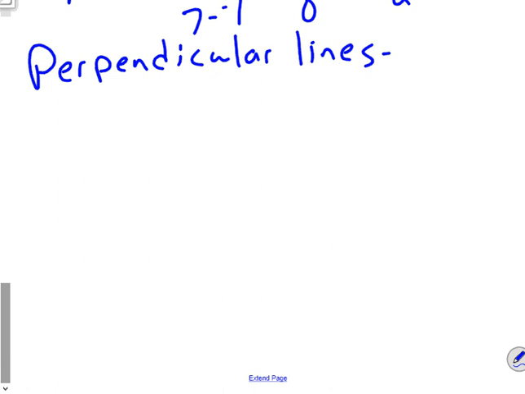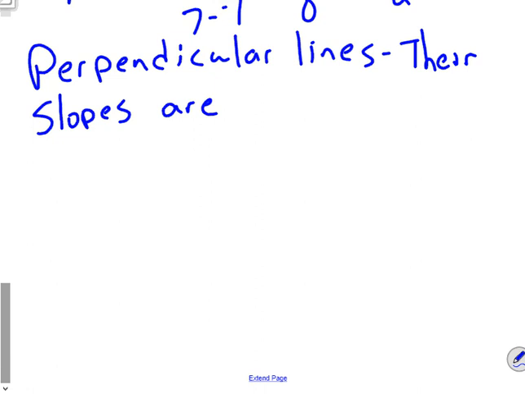Because they intersect at exactly 90 degrees, they're pretty much exact opposites of each other. Okay? Perpendicular lines, their slopes.